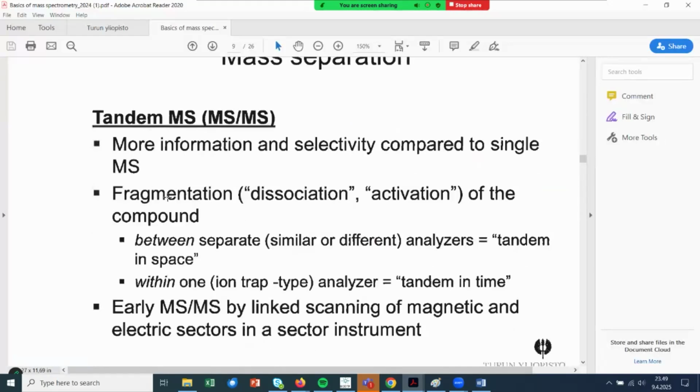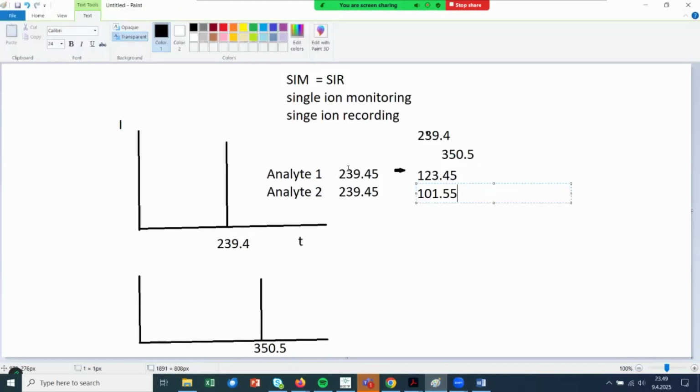We analyze the fragments and the precursor ion, or mother ion. These are the fragment ions, or daughter ions.